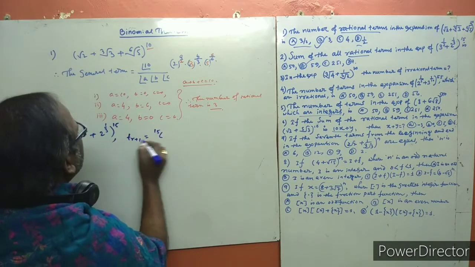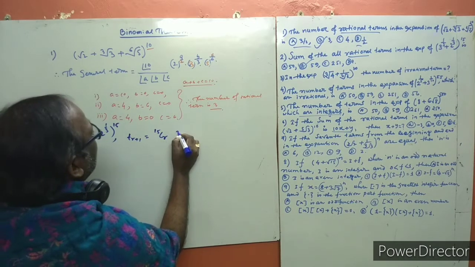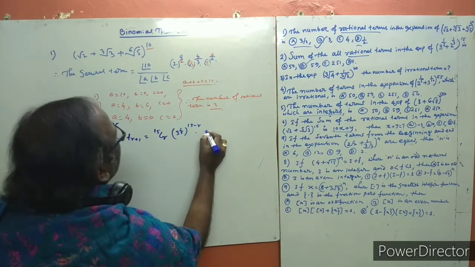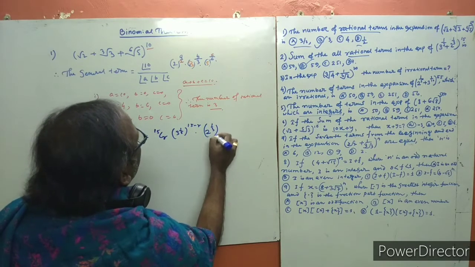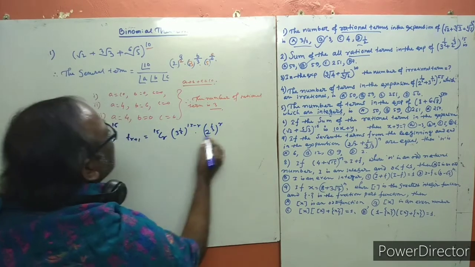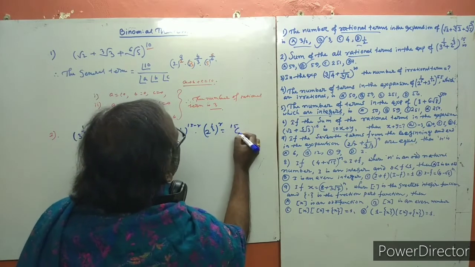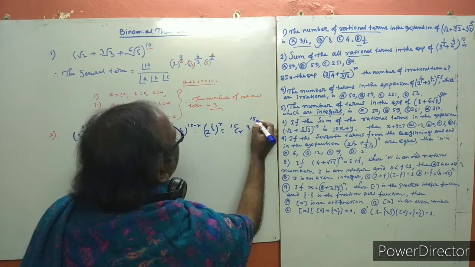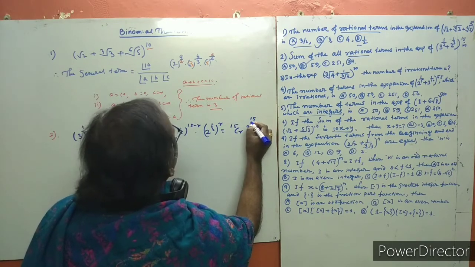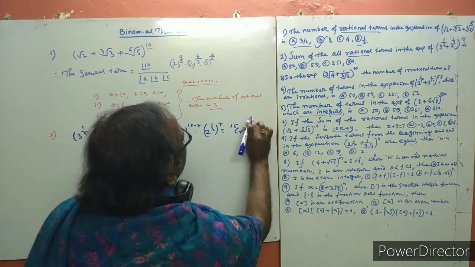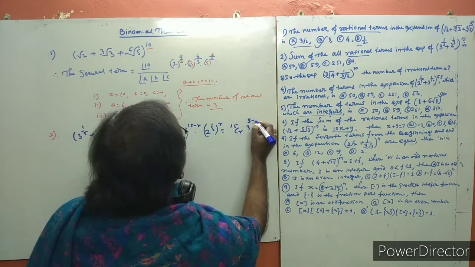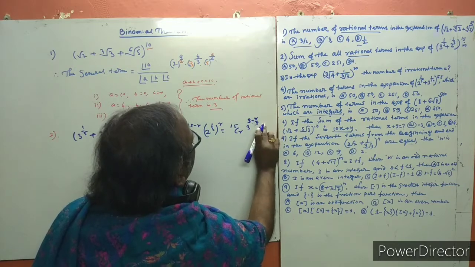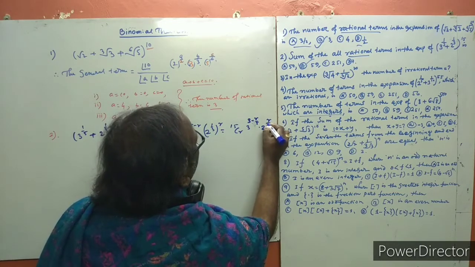15 C r, 3 to the power 1 by 5 to the power 15 minus r, and 2 to the power 1 by 3 whole to the power r, and it can be expressed as 15 C r, 3 to the power (15 minus r) by 5, and 2 to the power r by 3.